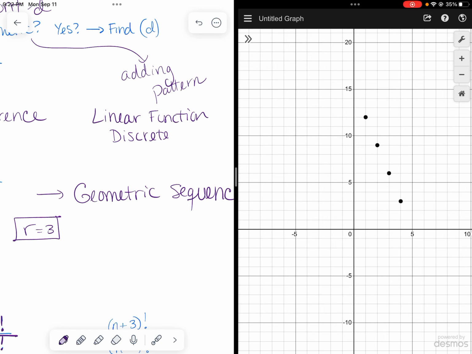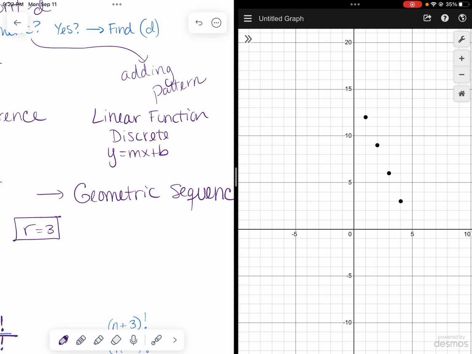You might have heard that when you talked about domain and range before. Discrete functions means that those are separate points. And the linear function model that we usually talk about is y equals mx plus b. If you remember from Algebra 2, you could use a regression line to figure out the equation here. But we're just going to use our noggins.